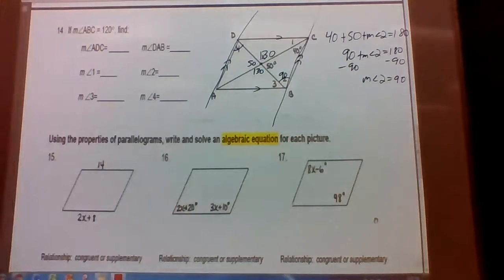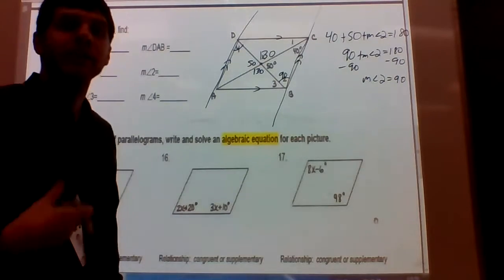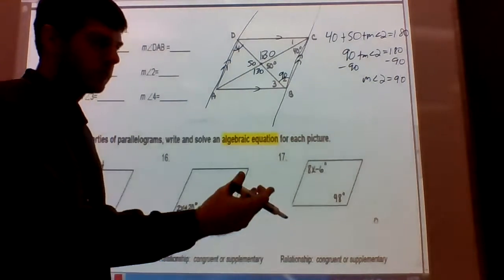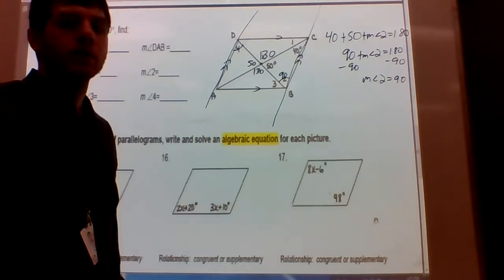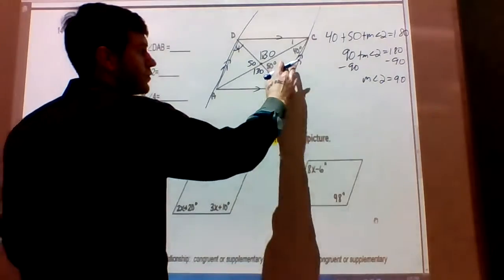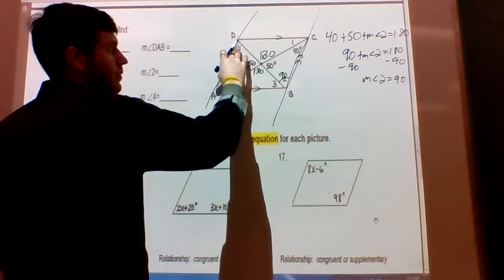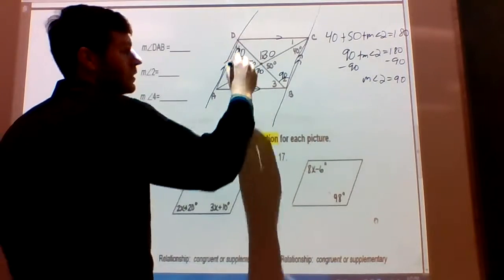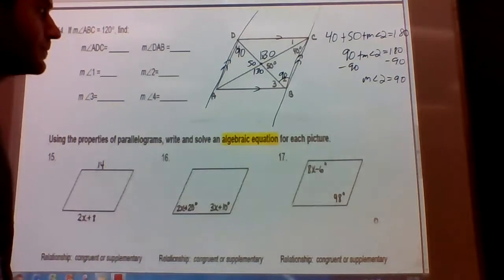Since the lines are parallel, the alternate interior angle theorem says the alternate interior angles are going to be congruent. So if they're congruent, their angle measures are the same. So if the measure of angle 2 is 90, the measure of angle 4 is also going to be 90 degrees.